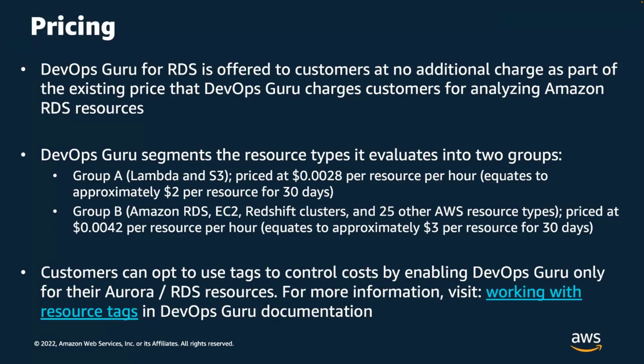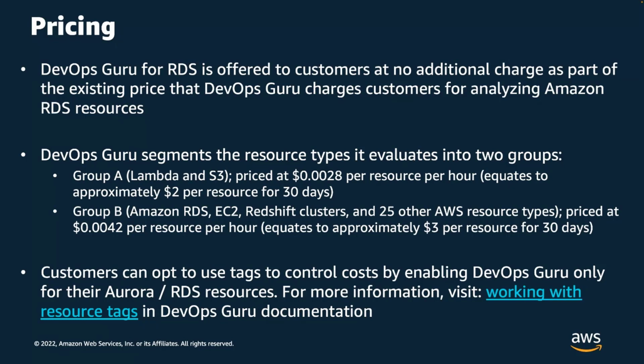DevOps Guru segments the resource types it evaluates into two groups. Group A, which consists of Lambda and S3, and Group B, which consists of Amazon RDS, EC2, Redshift clusters, and 25 other AWS resource types. You will also notice that Group A and Group B both are priced very economically, where Group A equates to approximately $2 per resource for a month, and Group B equates to approximately $3 per resource for a month.